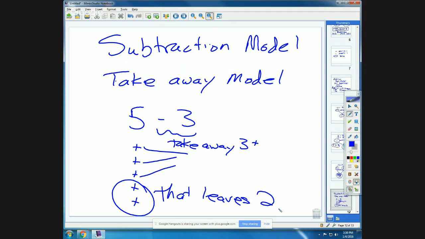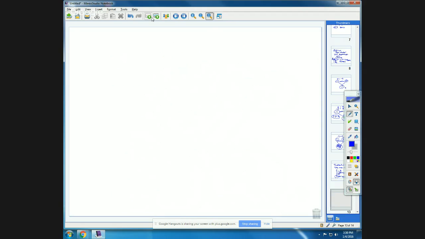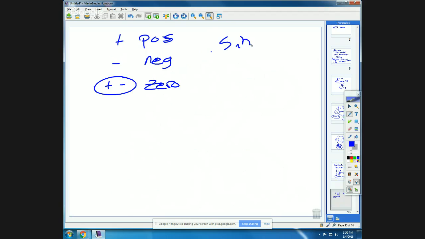Here's where it gets interesting. So we have our key. That's a positive unit. That's a negative unit. And then 2 of those together is one way we could write 0. And we're going to interpret subtraction as takeaway.